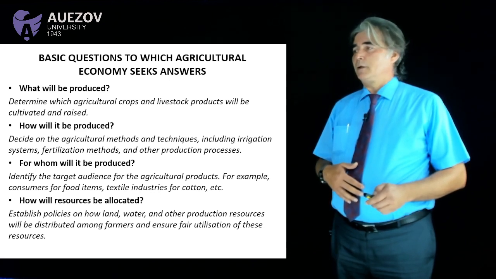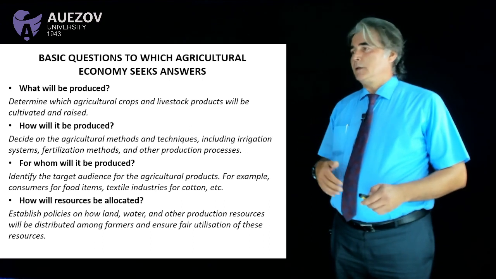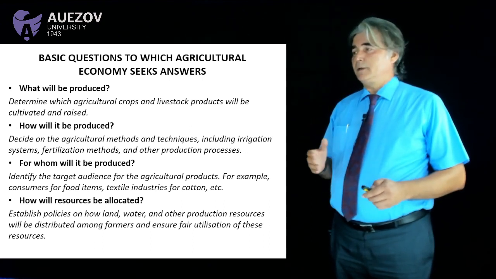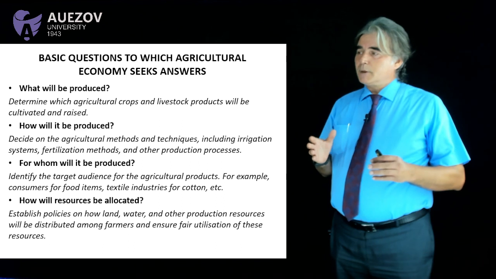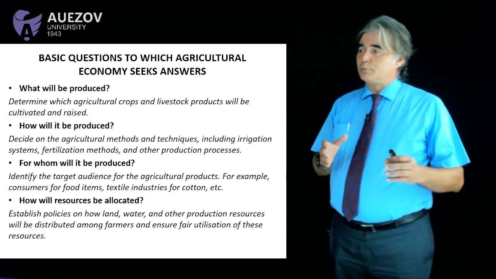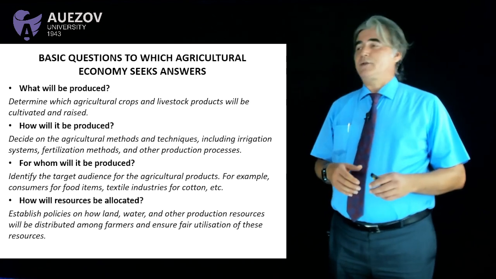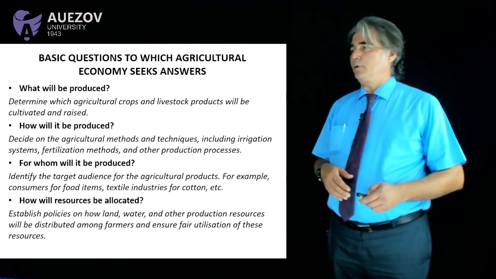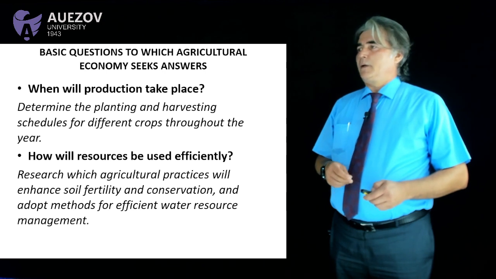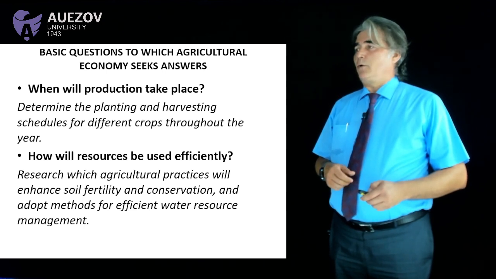We use land, water, and other production resources, and we decide how to distribute them among farmers and ensure fair utilization of these resources. When will production take place is also an important question.